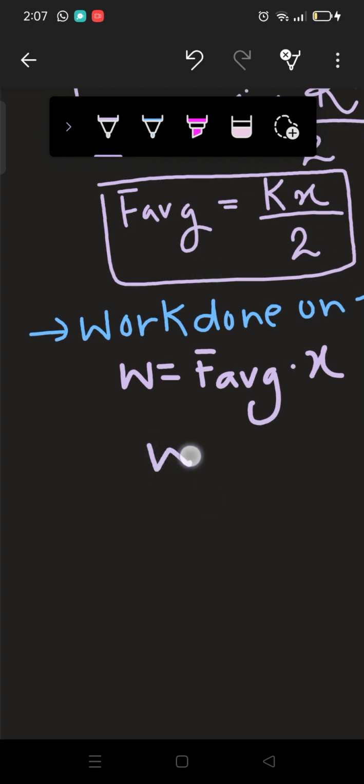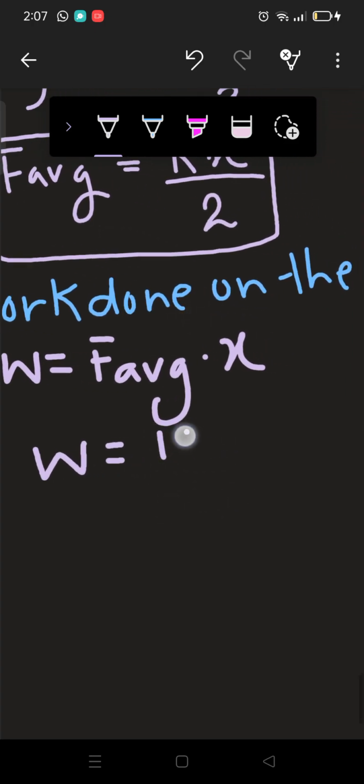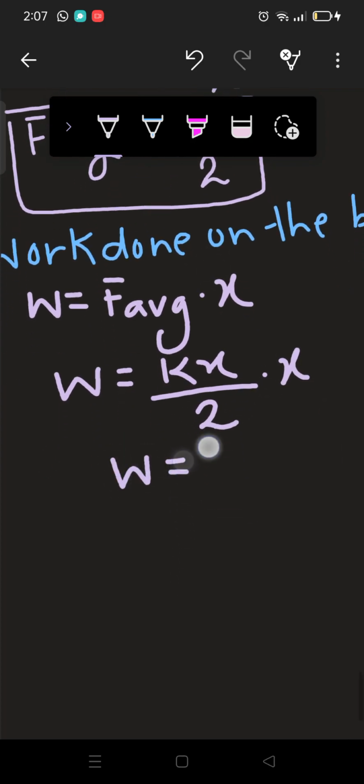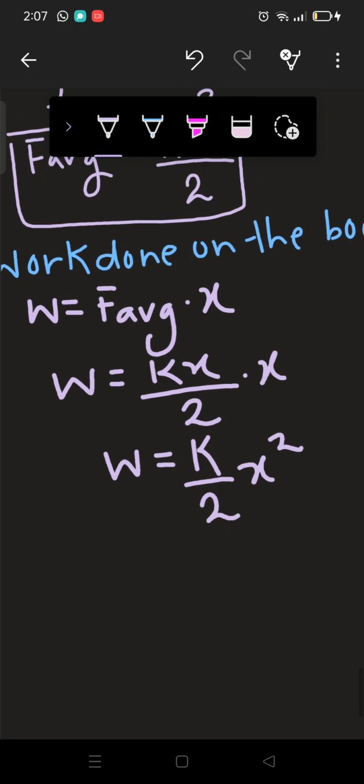So what is F average? That is of course kx over 2 into x. So x into x is x square, k over 2 x square. This is the work done.